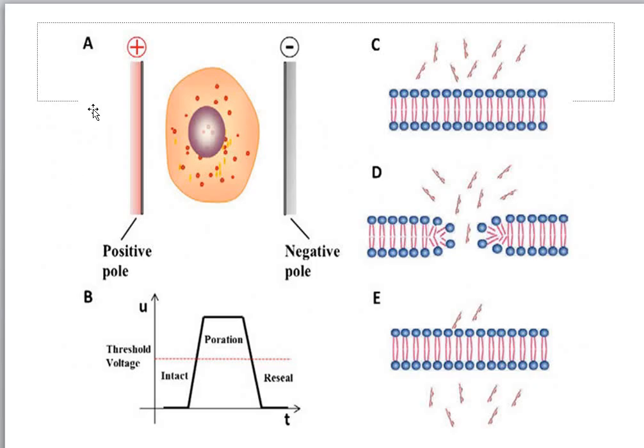Suppose these are the electrodes, plus and minus electrodes are supplied, and this is the plant cell, this is the nucleus, this is the cell membrane. So what will happen? Suppose under the influence of the electric field, some of the molecules have entered. In this diagram, see, this is the cell membrane, these are the lipid bilayers.